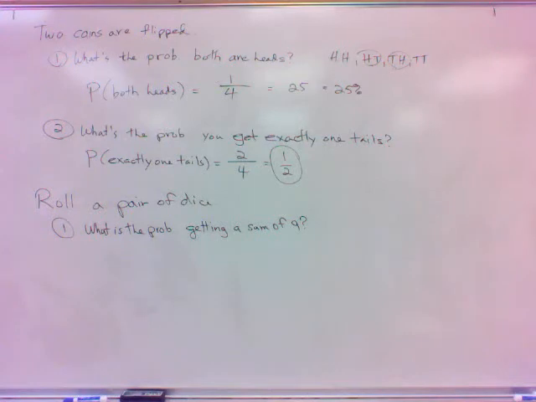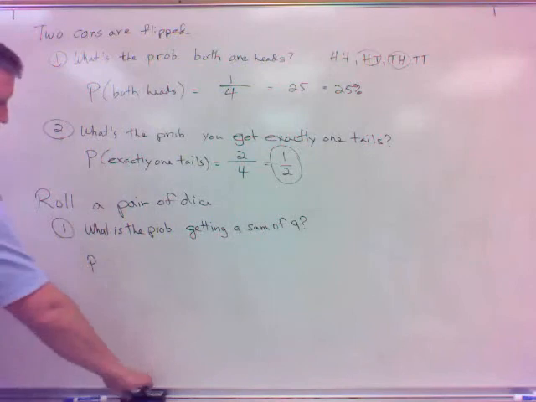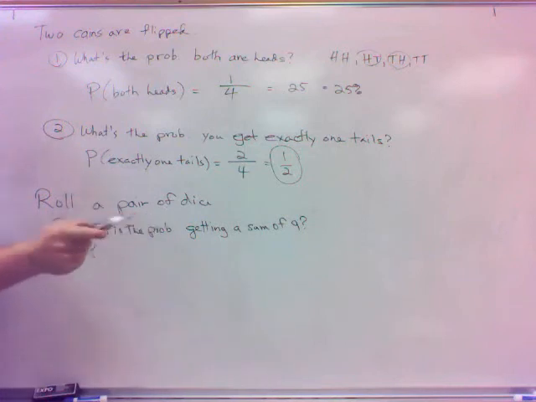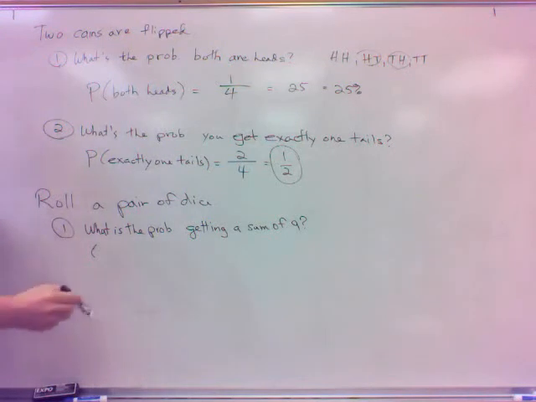How many ways can we get a sum of 9? The best way is to just go through here and list them. Now, on a pair of dice, we go up to how many? 6. Each die has 1 through 6 on it. So one possibility for getting a sum of 9 would be 3 and 6.